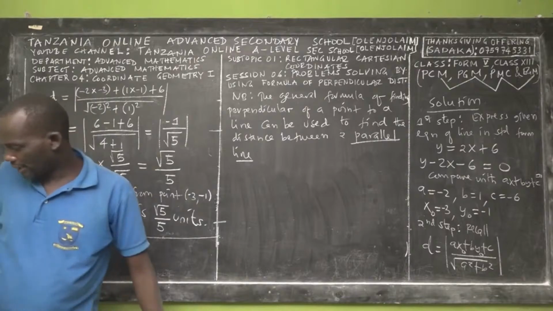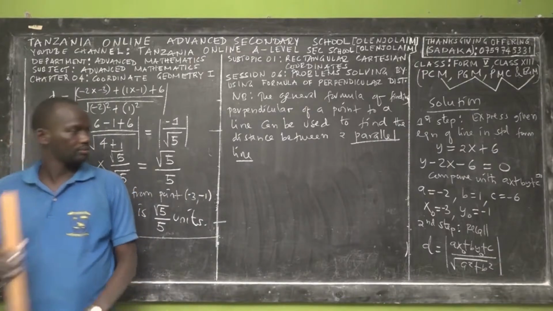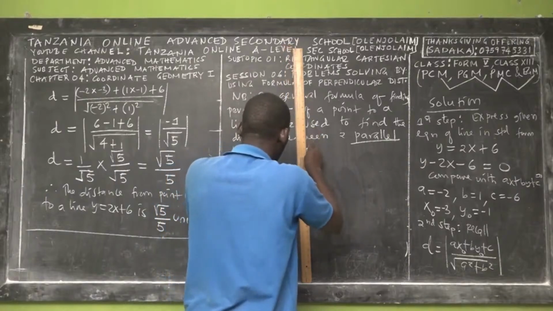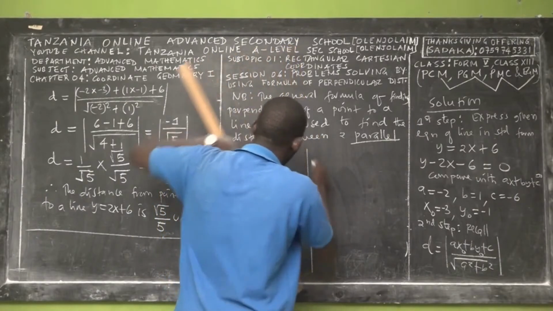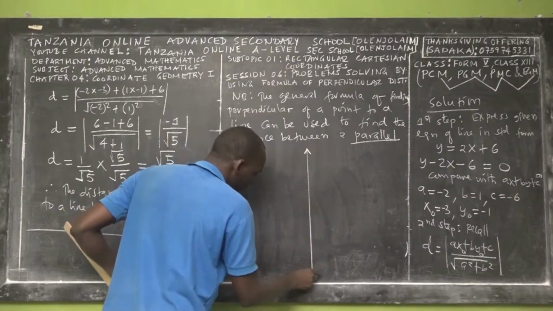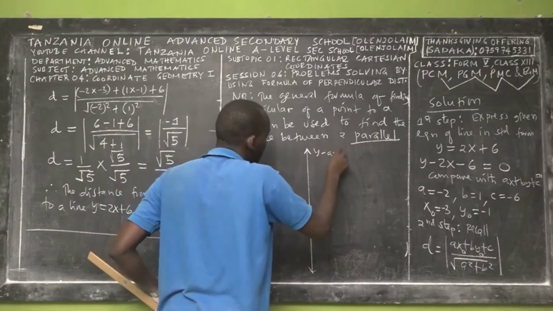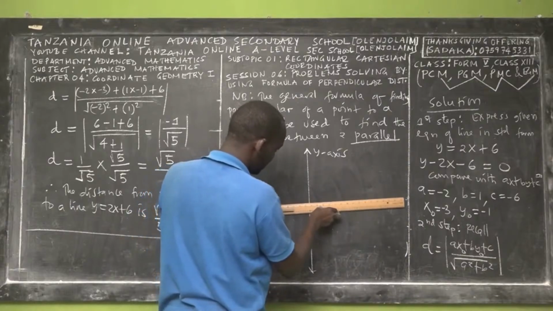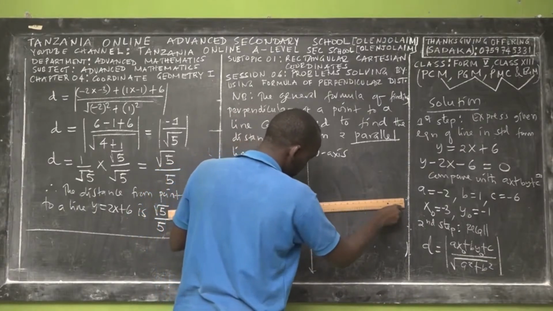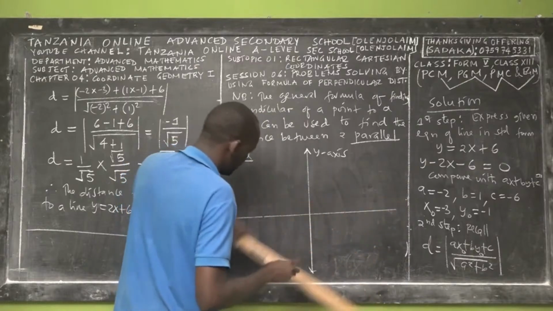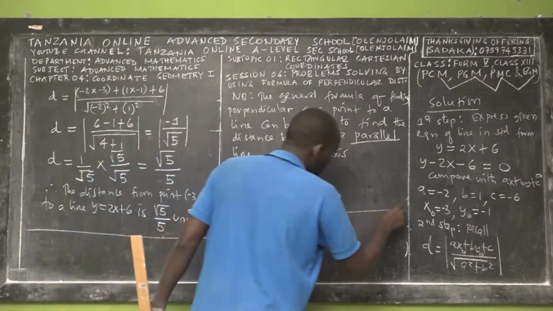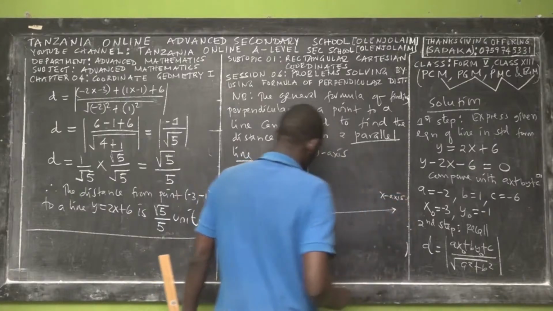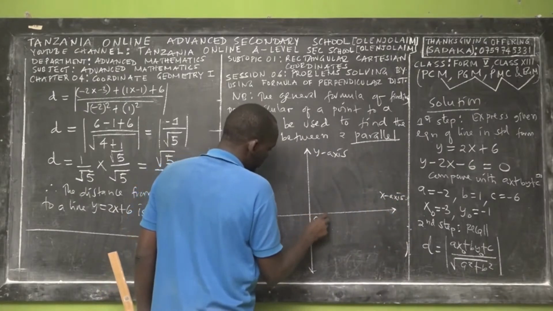Okay, so why and how is it possible? Let us consider the Cartesian coordinates of the xy plane. This is the y-axis, and here we have the x coordinates. This is the x-axis. This is 0, 0.